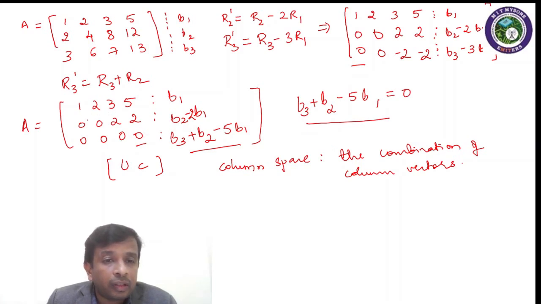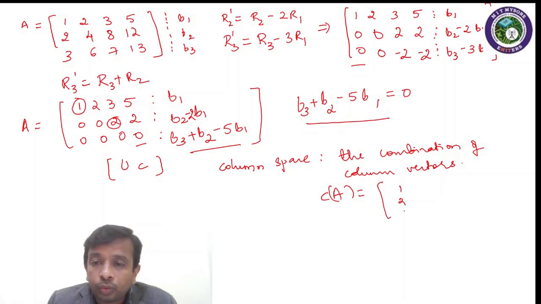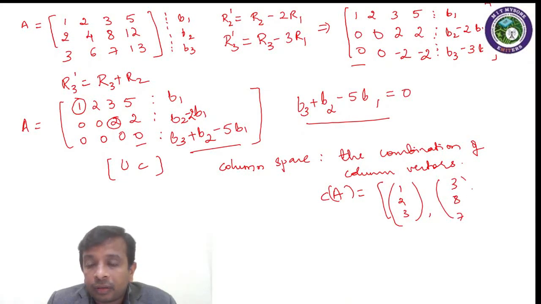That is, we see that the column vectors with pivot elements are column 1 and 3. Hence, the column space would be spanned by 1, 2, 3, that is the first column, and 3, 8, 7.